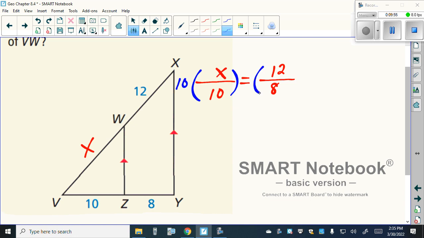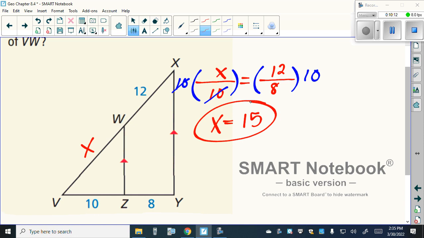Multiply both sides by 10. Because here the 10 and 10 would cancel, so x is equal to 15. And that's a value that makes sense.